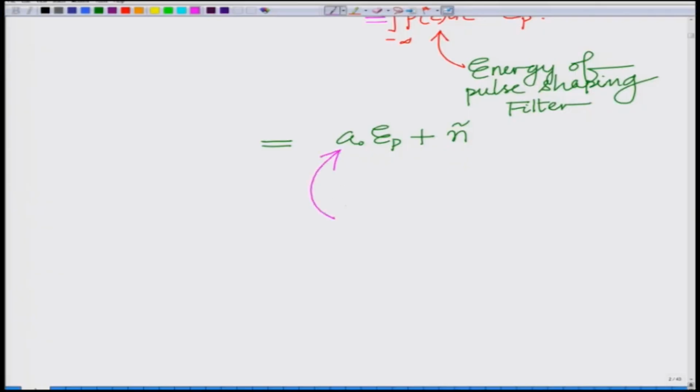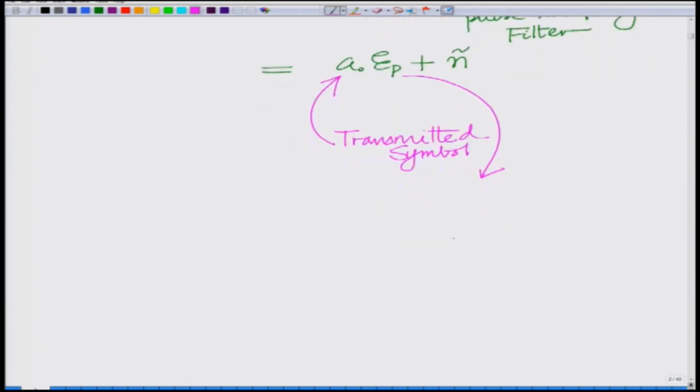So, first we have, this is the transmitted symbol. E p is the energy of the pulse shaping filter, we have already seen.